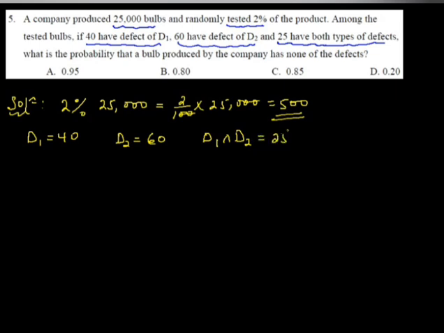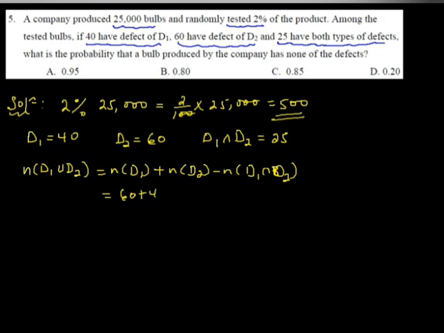So you can use the formula from set theory. The number of bulbs having defect D1 or D2 is the number of bulbs having defect D1 plus the number of bulbs having defect D2 minus the number of bulbs having both defects. So this is 60 plus 40 minus 25. The result is 75.